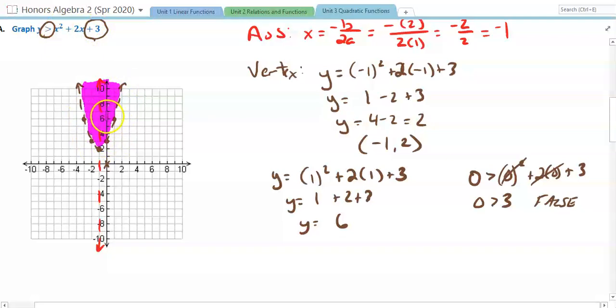Well, it'd be above my curve, right? And so being above the curve on the y-axis puts me inside the parabola in this case. Okay, so again, make sure you're paying attention not to inside or outside, but think about y is what? Greater than, or y is less than.